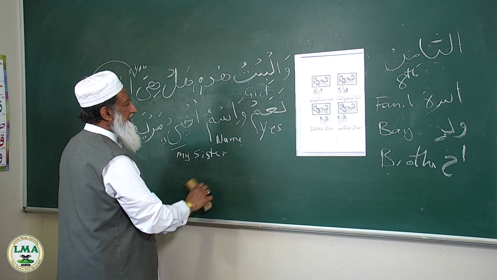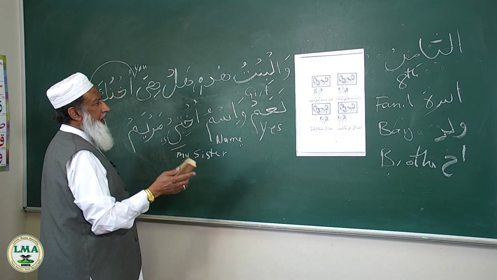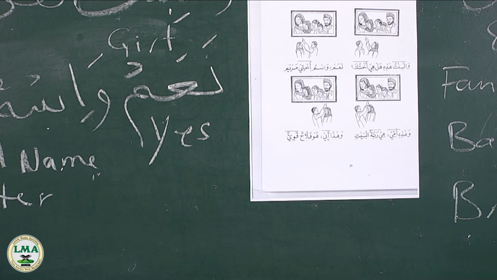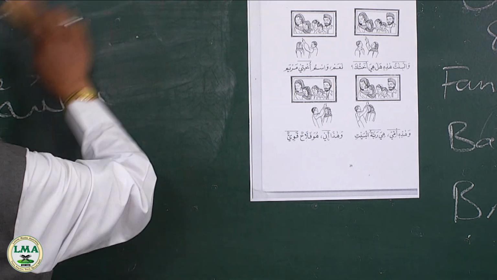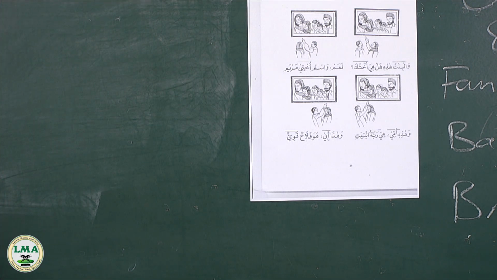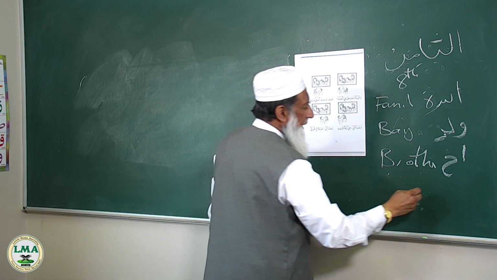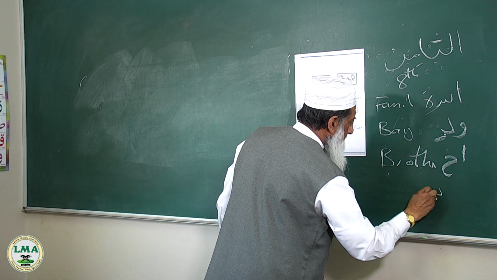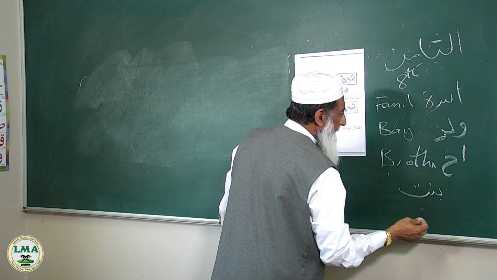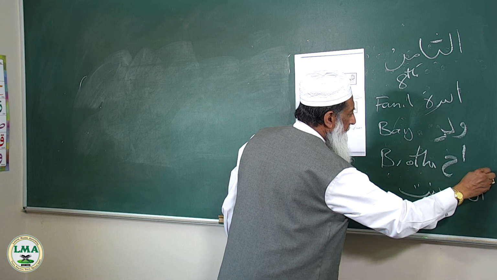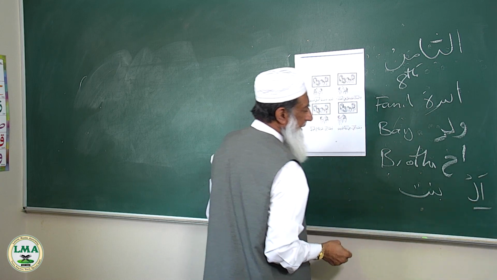Let's go to the next sentence. We'll just add a few more words onto our vocabulary for this session, for lesson 8. We had there walad, ukht, akh. So we'll put bintun. The al is always an extra for the word "the", to make it definite.